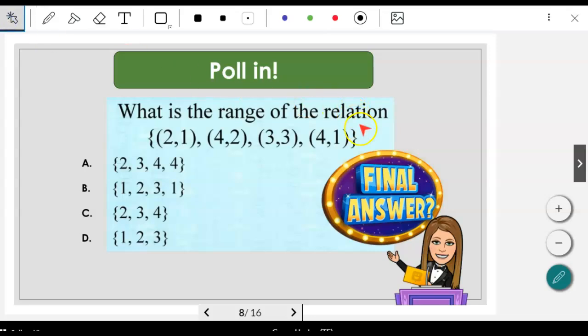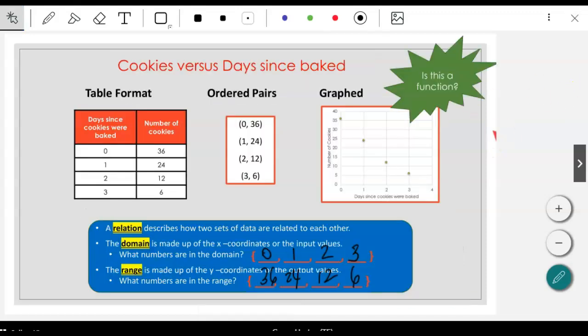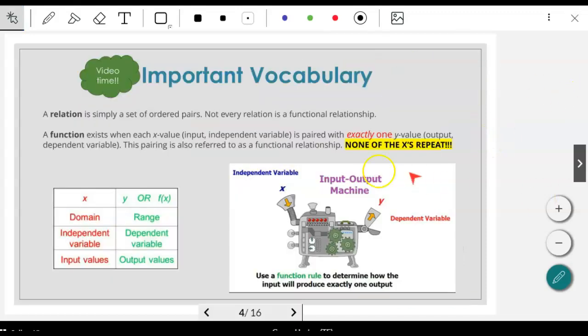Multiple choice question, what is the range of the relation? Okay, so remember, our range is the dependent, the y value. I'm trying to think of a way that we could easily remember those.